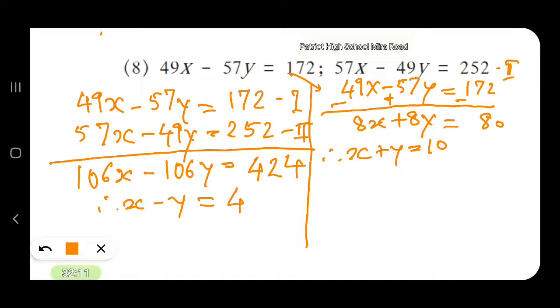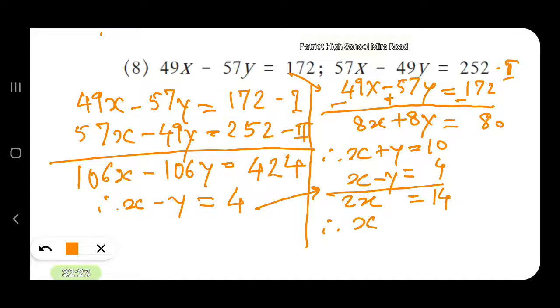Writing this equation below this, we have x minus y is equal to 4. Therefore, we have 2x is equal to 14. Therefore, x is equal to 7.